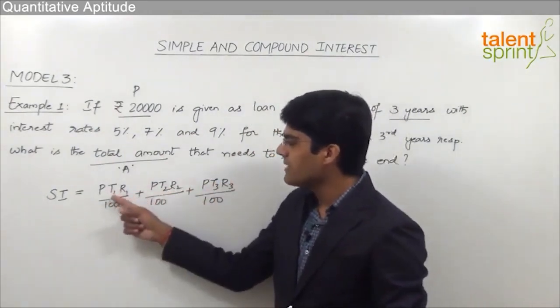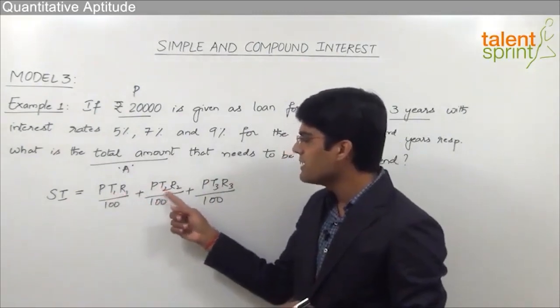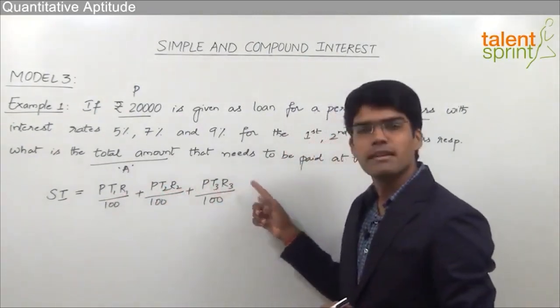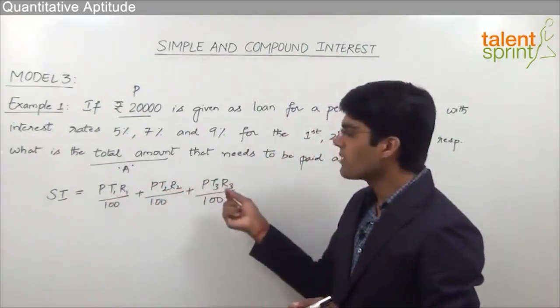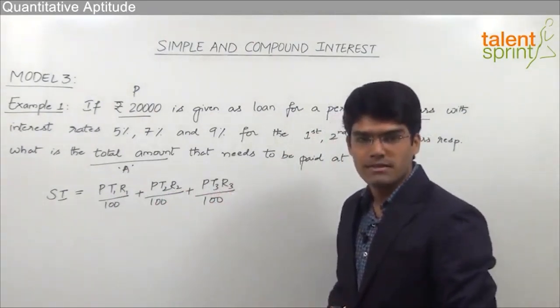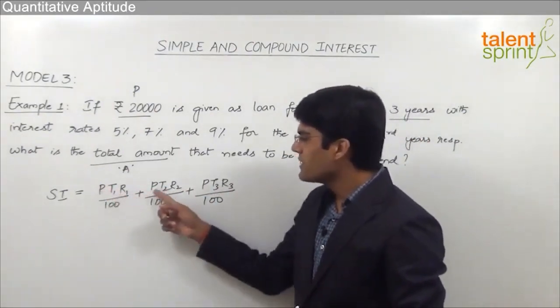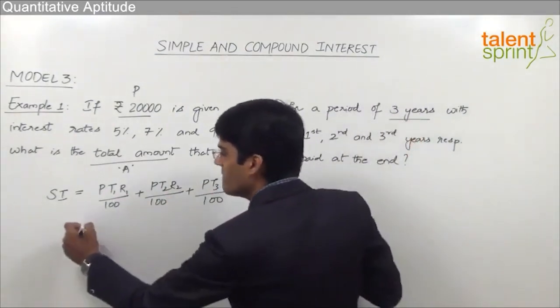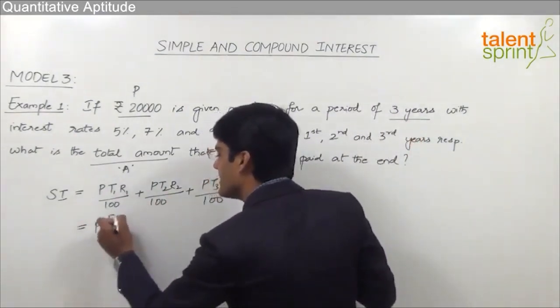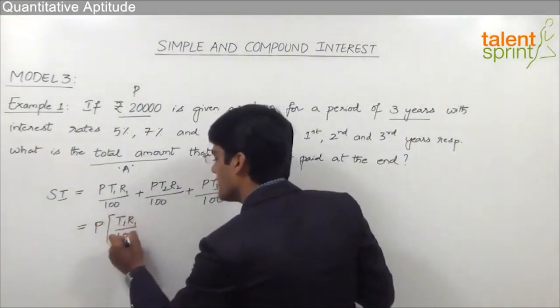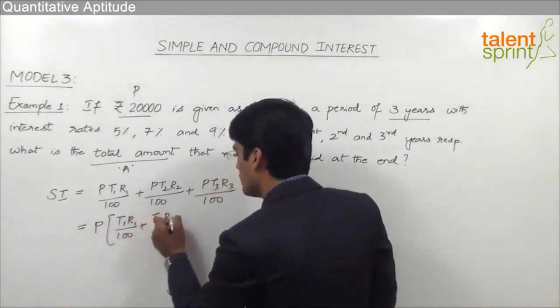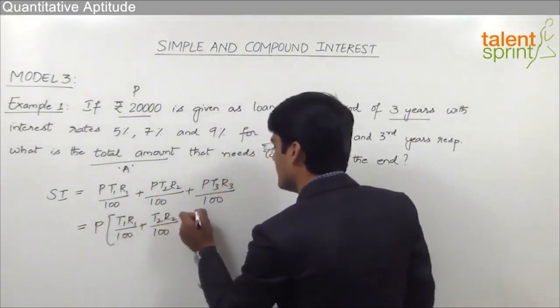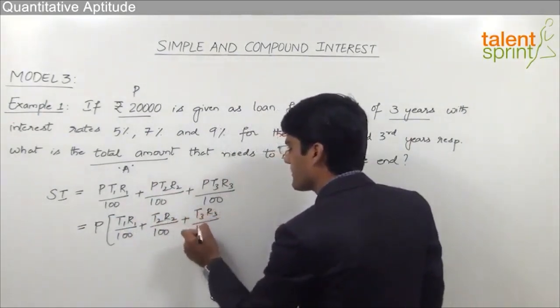So for the first time period, interest R1, for the second time period, interest R2, and the third time period, the interest is R3. So by substituting the proper values, we get the required simple interest. And since the principal is constant for the whole period, we are taking it as P. So by taking P common, we can get the answer as P into T1 R1 by 100 plus T2 R2 by 100 plus T3 R3 by 100.